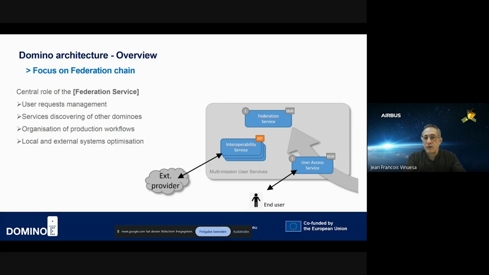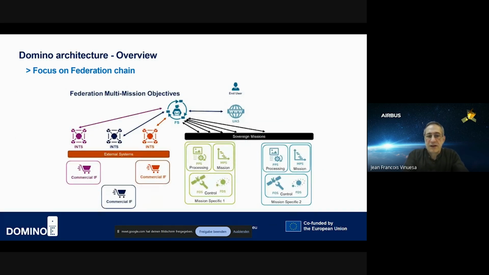So if you move to the next slide, this is typically what you can do with the federation system: the end user accesses it, and then can request one operation. It can acquire data from its own system, its historical system. It can also acquire data from emerging commercial satellites with just one point of entry.